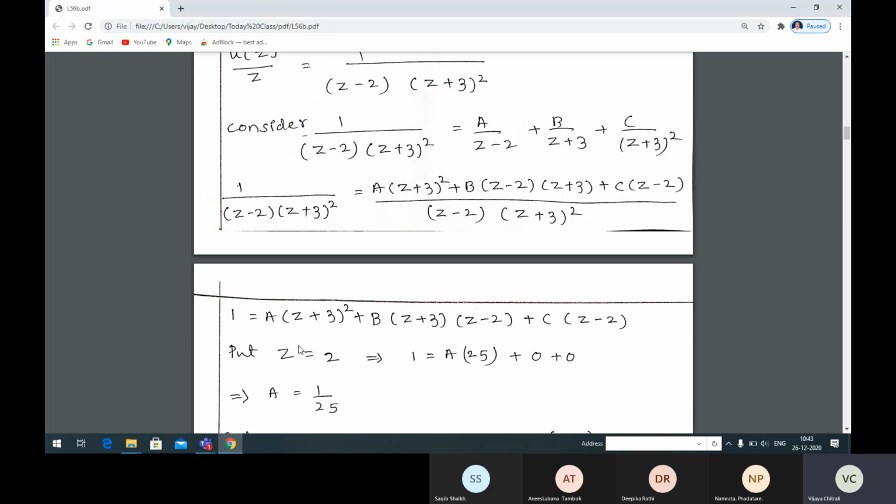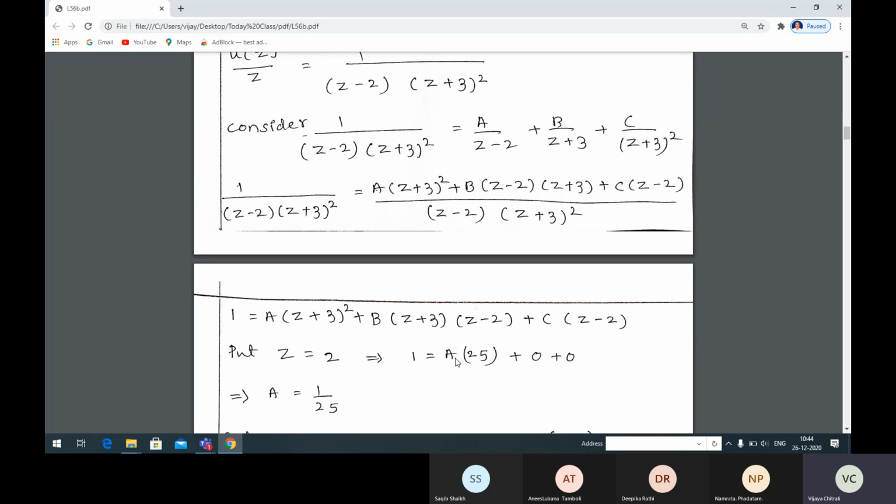So put z equal to 2. Wherever z is there, you substitute 2. So we get 1 equal to, substituting z equal to 2: 2 minus 2 is 0, so this term is 0, and here 2 minus 2 is 0, so this term is 0. Means these two are 0. And here you substitute 2: 2 plus 3 is 5, 5 squared is 25.